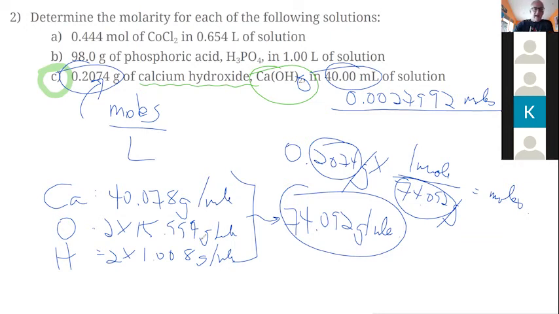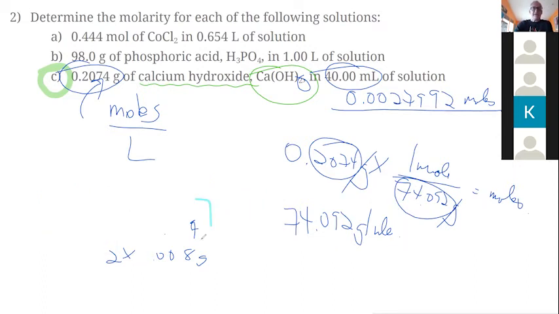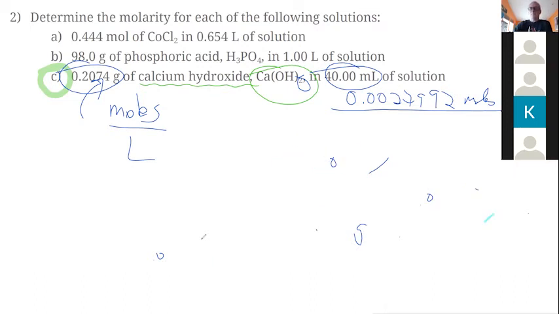Now, how do we figure out our number of liters? Because the volume has to be expressed in liters. Somebody else want to help out here? I've got 40.00 milliliters, but I can't use milliliters because this molarity isn't moles over milliliters, it's moles over liters.